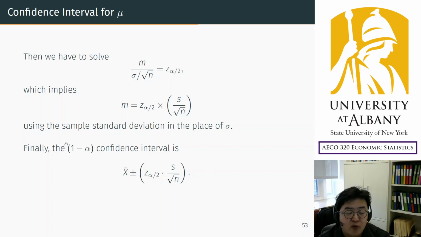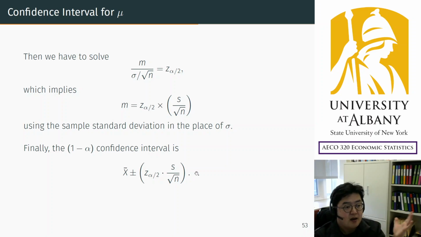For the confidence level of 1 minus alpha, the confidence interval should be the best point estimator x bar, plus minus the margin of error calculated this way. Z value from the standard normal distribution times standard error, right? So S over square root n is the standard error of x bar, right?